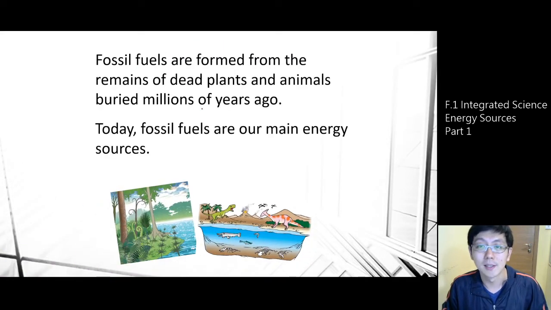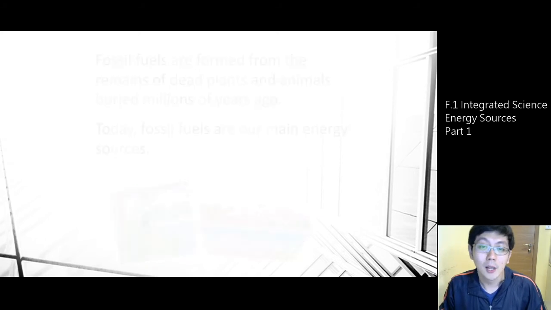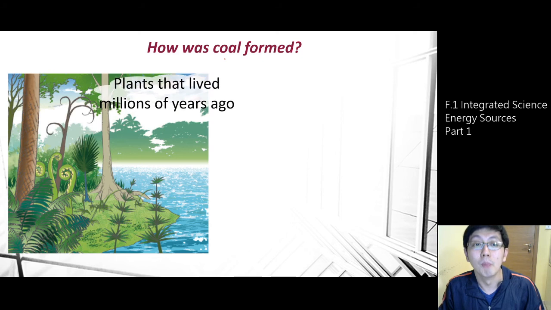The reason is they are coming from the remains of dead plants and animals millions of years ago. 古代嘅動植物，佢哋死咗之後嘅殘渣，將佢變翻出嚟嘅。So let's look at the first example, coal, 煤。They are coming from plants living millions of years ago.